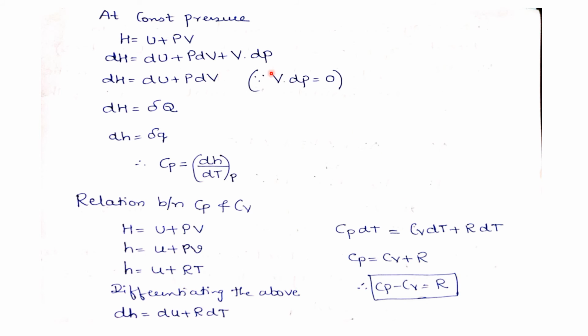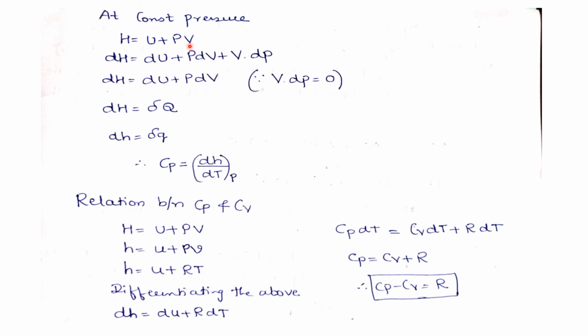Now we will write the equation for constant pressure. We know that H is equal to U plus PV, enthalpy. By differentiating this equation, I will get dH is equal to dU plus, this is a U into V form, so P into dV plus V into dP.